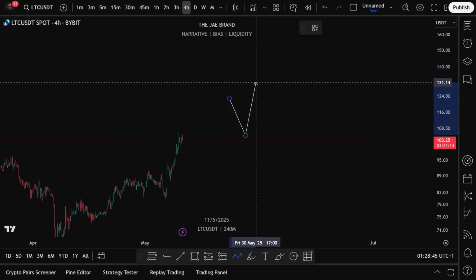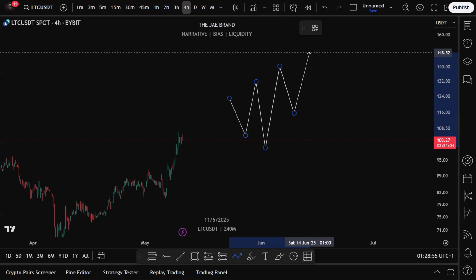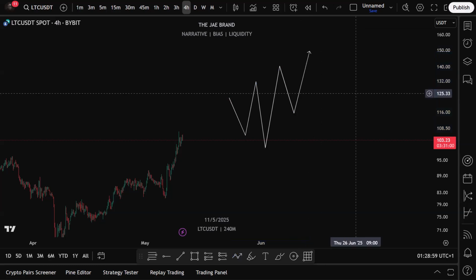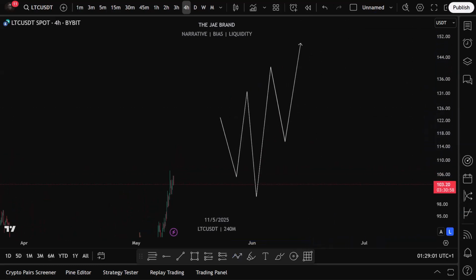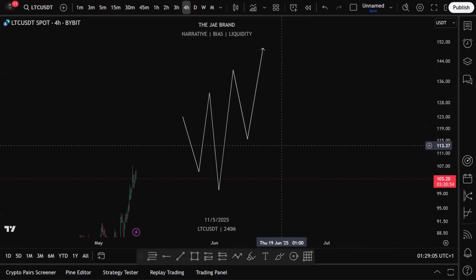If you're yet to understand what market structure or a swing structure is, please kindly refer to my previous videos for better elucidation. So this is the template, and this is a swing structure, like I said.